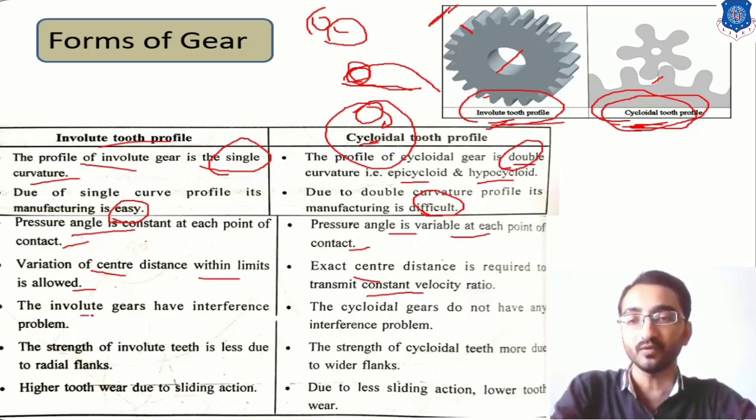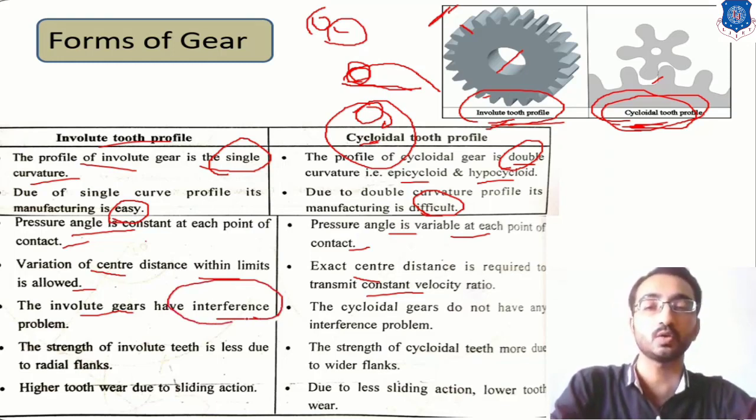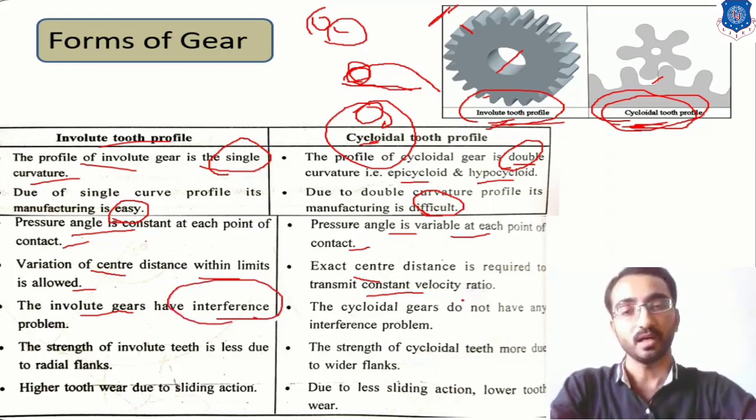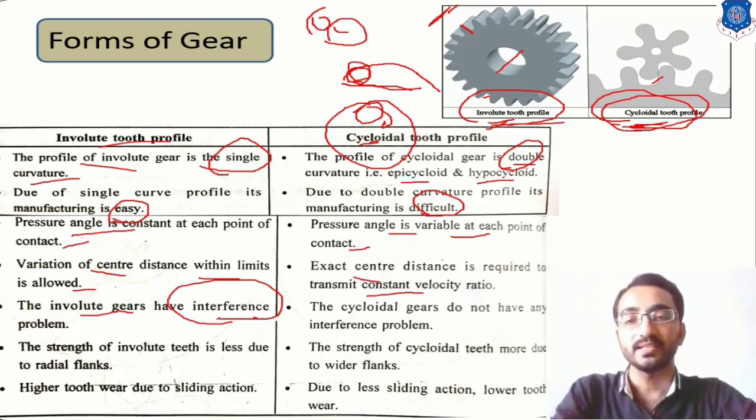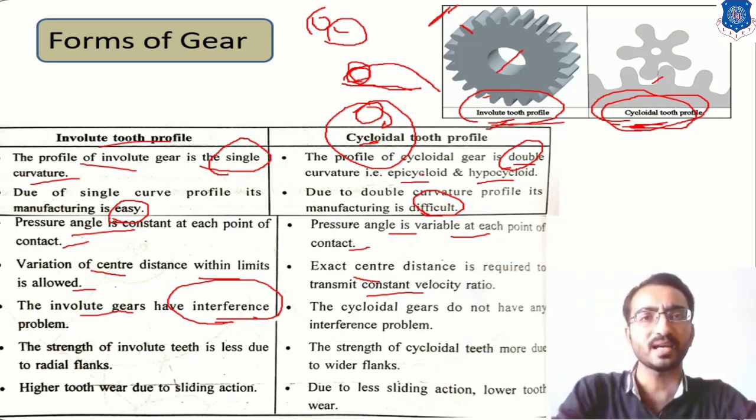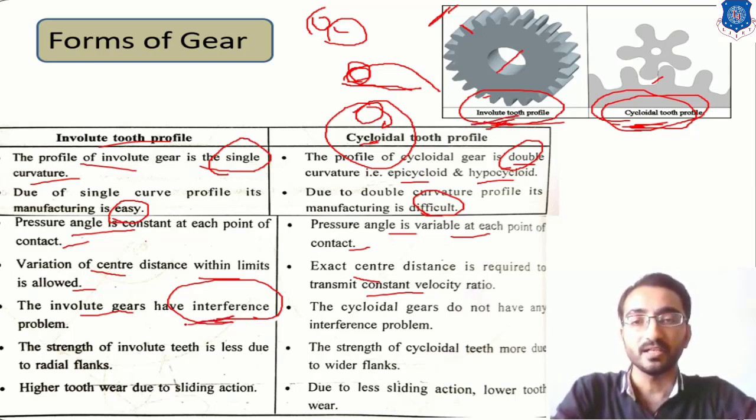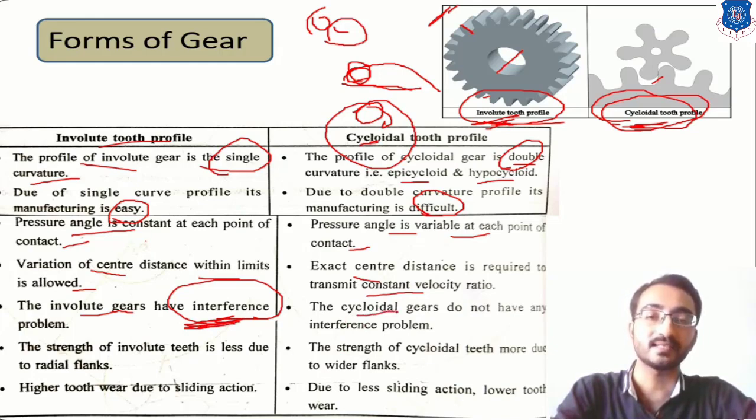Next, involute gears have an interference problem. This phenomenon is very essential to learn, and we will cover it in a later part, how this interference occurs. But right now we can consider that the involute profile has the difficulty of interference, but the cycloidal profile is designed in such a way that there is no problem of interference.